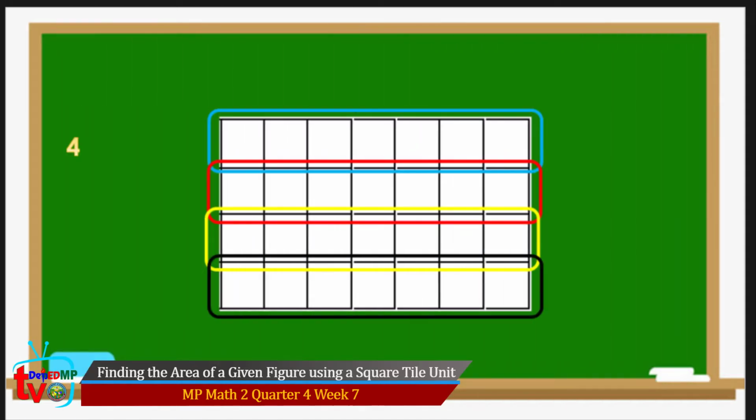There are 4 squares on the other side. Let us multiply 4 and 7. What is 4 times 7? Yes, it's 28. So, the window that Farnikan cleaned has an area of 28 centimeters square.